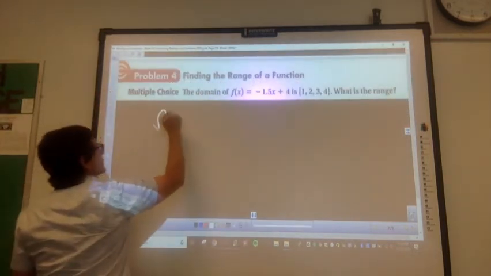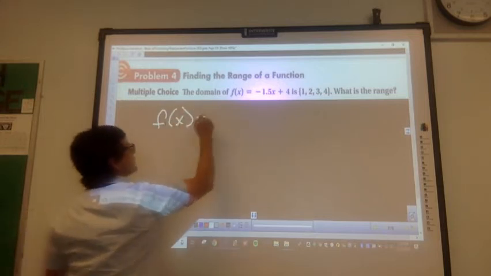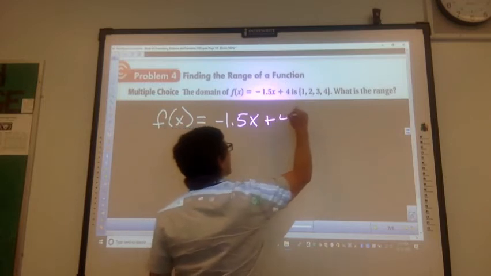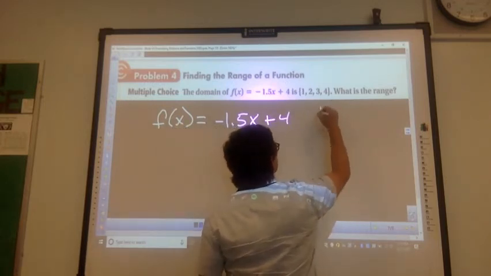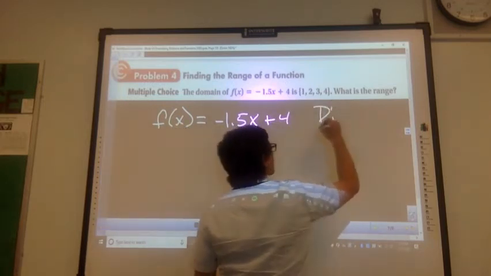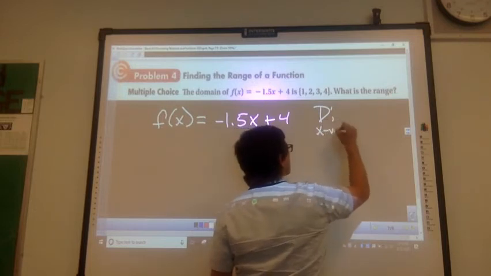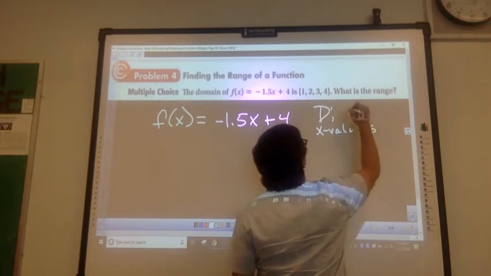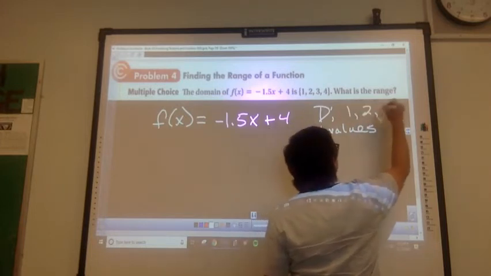So our function is f of x equals negative 1.5x plus 4. They give us domain values or x values of 1, 2, 3, and 4.